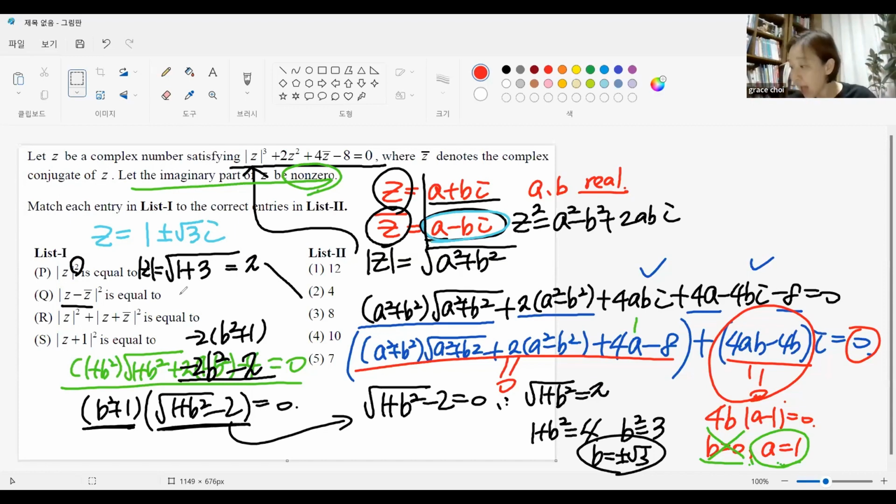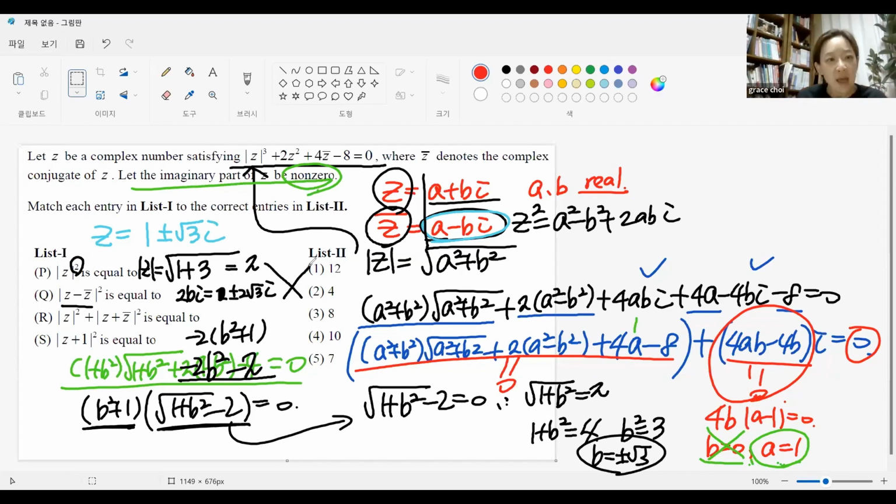But now b is plus or minus square root 3. So 2bi is plus or minus 2 square root 3 i. Get the modulus and the perfect square: the modulus is 2 square root 3, and then perfect square, 12. Good.